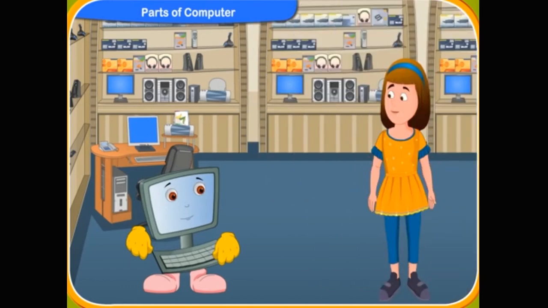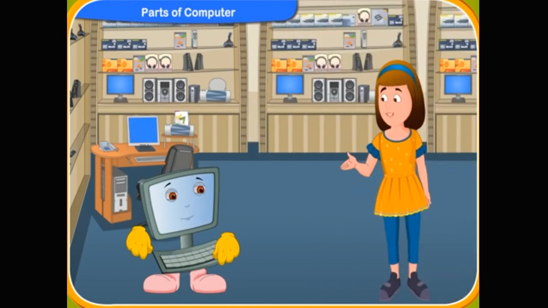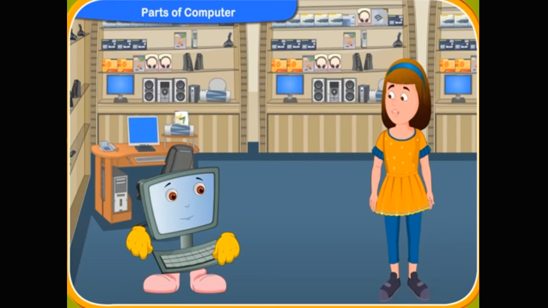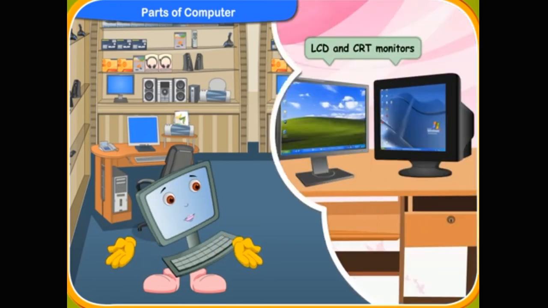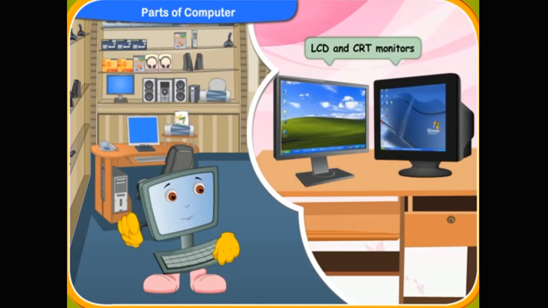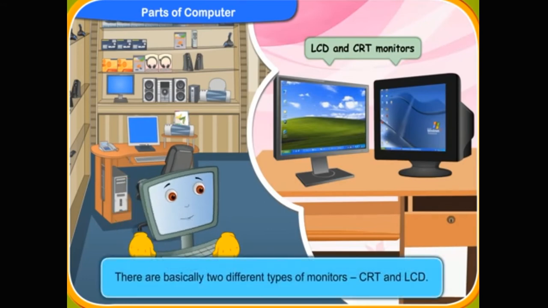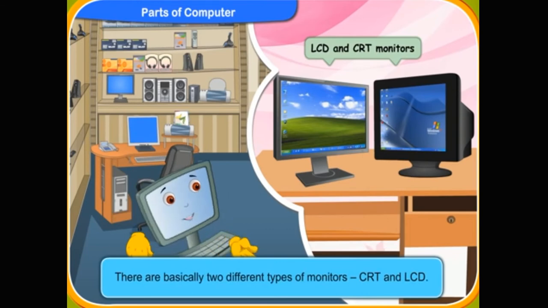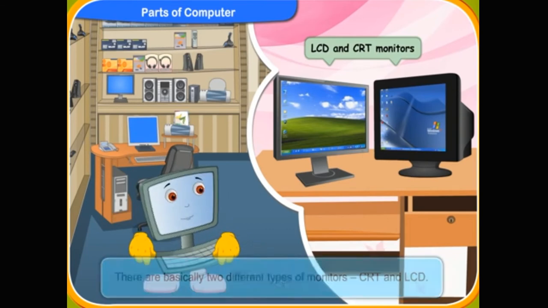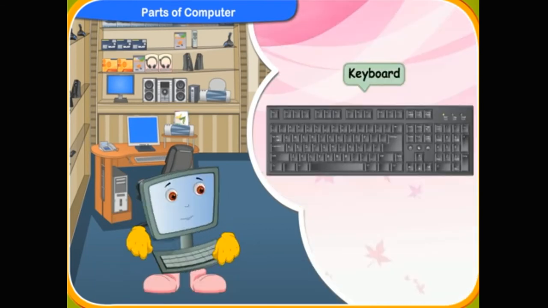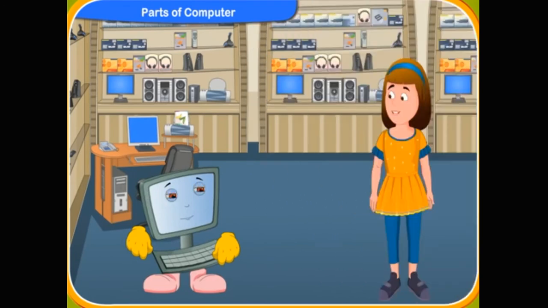Look, Rico. These two monitors look very different from each other. Yes, Rini. Nowadays monitors come in different shapes and sizes. There are basically two different types of monitors, CRT and LCD. And this is the keyboard. Yes, I know that.